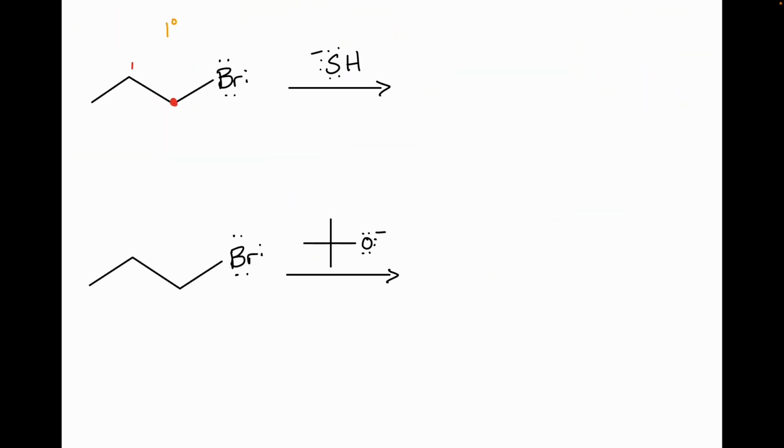So I'm going to substitute that alkyl halide for that SH. Boom. Again, because we're going to say this is a strong nuke, weak base category, that gives us our major product as a substitution product.